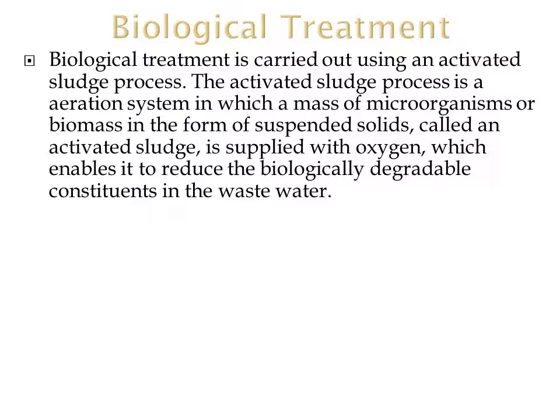In that process, an aeration system is used, in which a mass of microorganisms in the form of suspended solids, called activated sludge, is supplied with oxygen, which enables reduction of the biologically degradable constituents present in the wastewater.